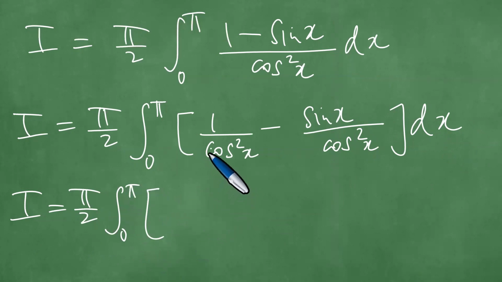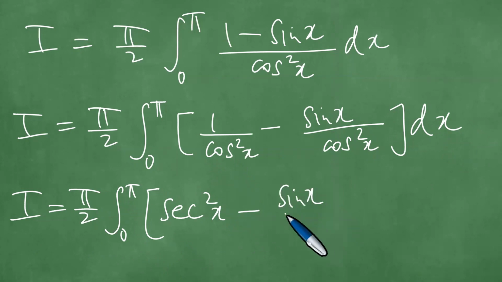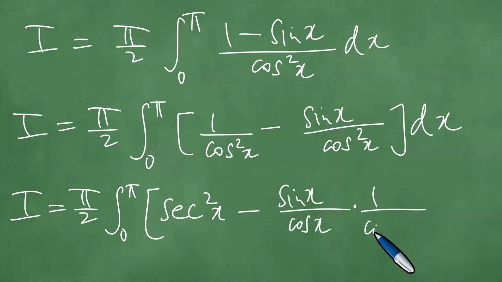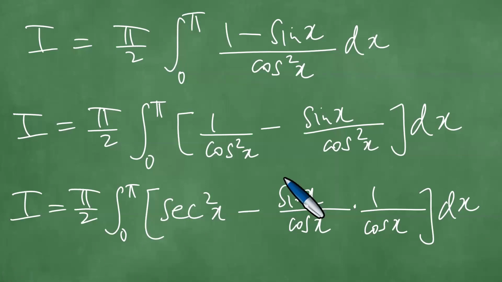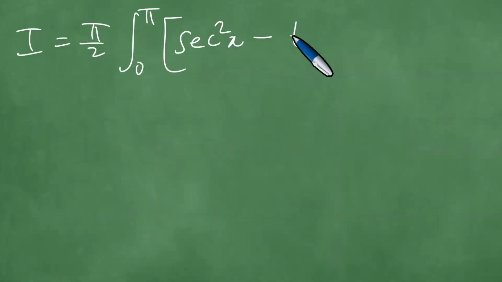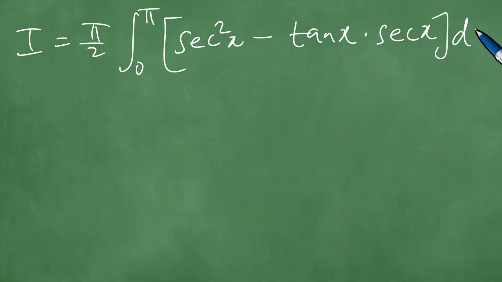Here 1 over cosine squared is secant squared x, and sine x over cosine squared x is the same as sine x over cosine x times 1 over cosine x. So I equals pi over 2 times the integral from 0 to pi of secant squared x minus tangent x times secant x dx.